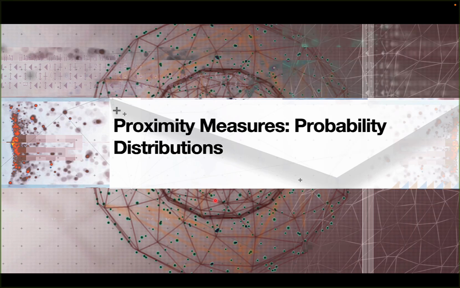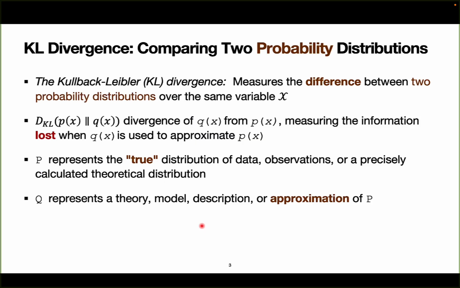The plan for this lesson is to discuss how to compare two probability distributions using the Kullback-Leibler divergence. The KL divergence measures the difference between two probability distributions over the same random variable, and it has an information theory interpretation.